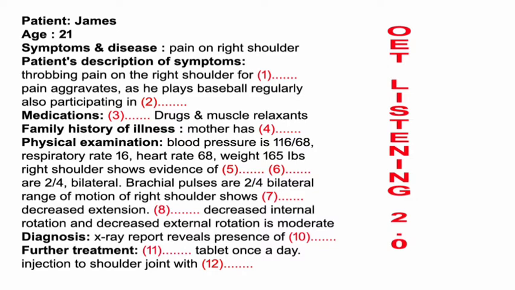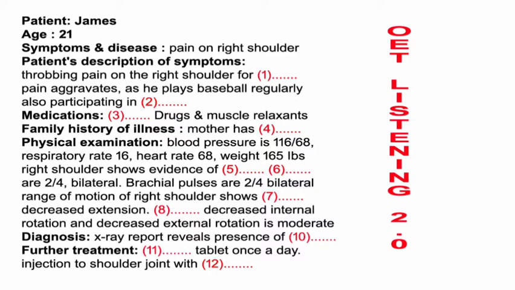Your right shoulder shows evidence of swelling and tenderness. Radial pulses are 2/4. Bilateral. Brachial pulses are 2/4. Bilateral. Range of motion of your right shoulder shows decreased flexion, decreased extension, decreased adduction, decreased internal rotation, decreased external rotation.